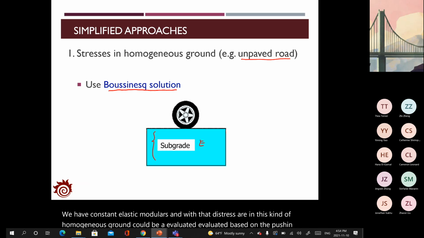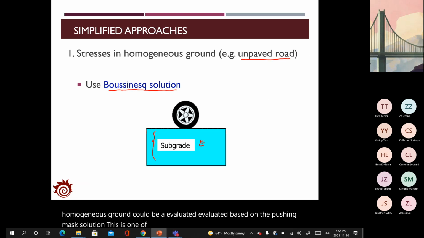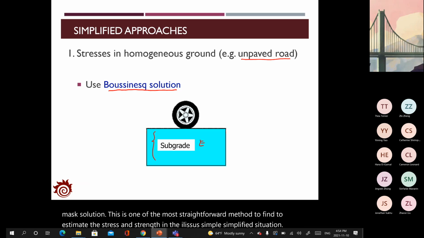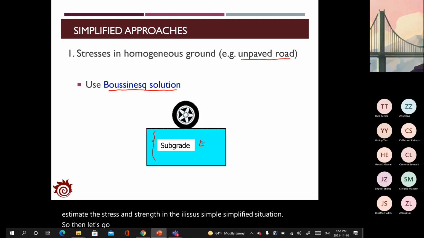This is one of the most straightforward methods to estimate the stress and strain in this simplified situation. So then let's see how we're going to use the Boussinesq solution to estimate the stress and strain.